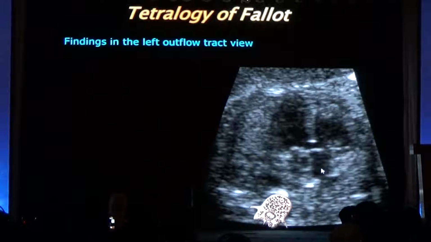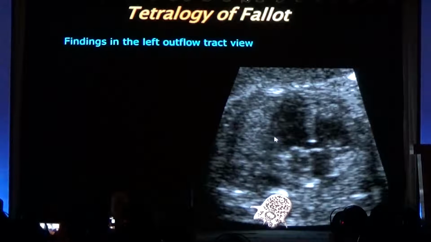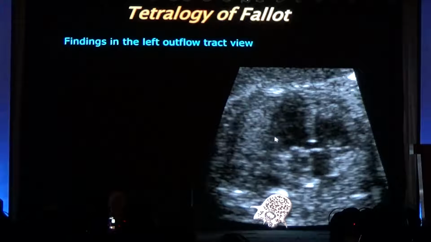So we have an overriding aorta, and this aortic valve is above both ventricles. Now there's some subtle thing here, because if the aortic valve is overriding the septum by 50%, it's called tetralogy of Fallot. If it's overridden by 51%, a bit more to the right side, it's fundamentally the same physiology, but now it changed name.